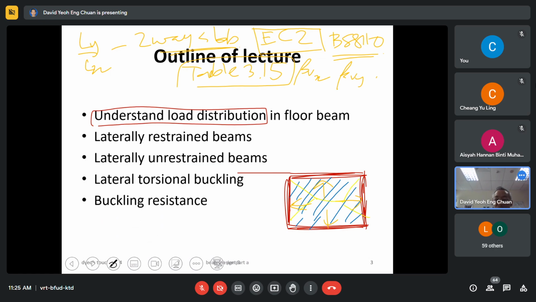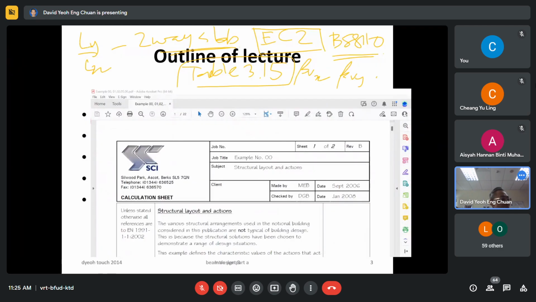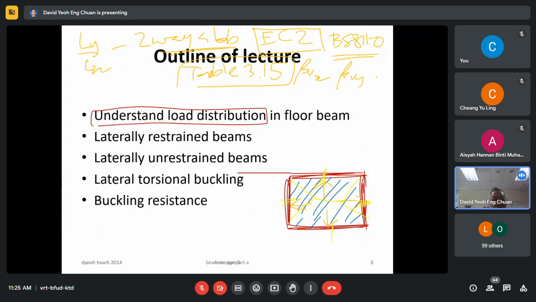You've got to have this here and here. This one is important. You need to have this table.